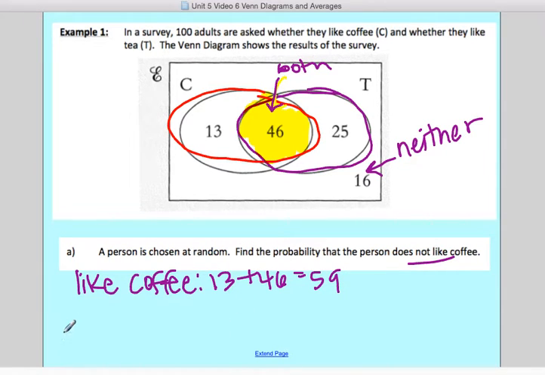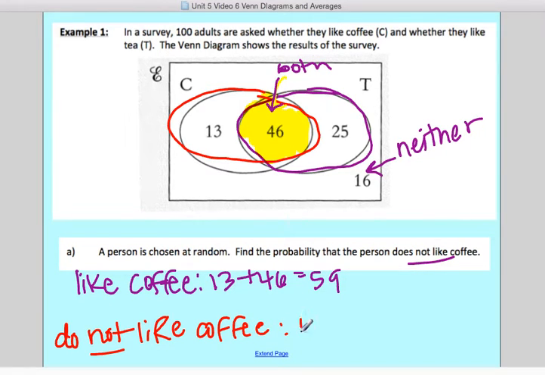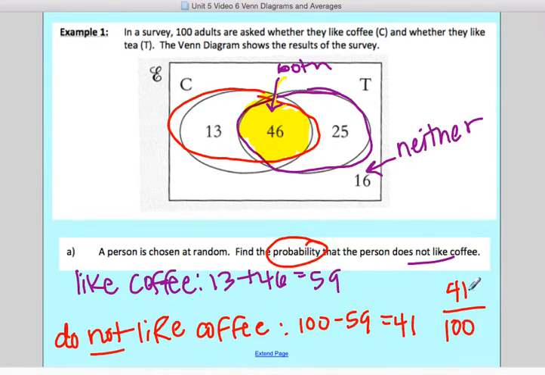So then the people who do not like coffee, well, there's 100 people, so it's going to be 100 minus 59, which gives us 41. Okay, so 41 people do not like coffee, but we want to do the probability. So the probability that you do not like coffee would be 41 out of 100. And that would be our probability.